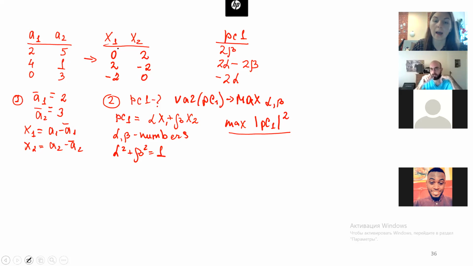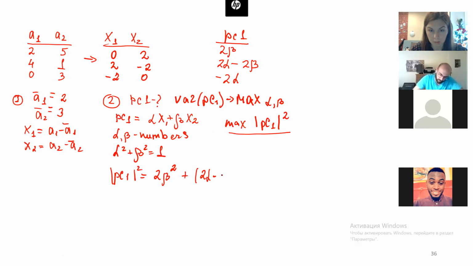Continue. And we just calculate PC1 squared like 2 beta squared plus the second observation plus the second coefficient, actually, like here.